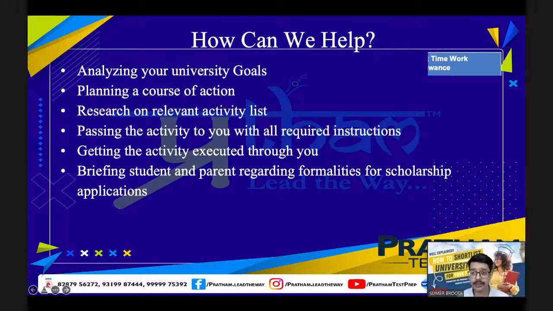We help you build an entire profile and motivate you to execute those activities. And we also brief students and parents regarding formalities for scholarship applications, right? So it's very important, when you're applying to different universities, that you look at certain scholarships provided you fit the criteria. So that is how it is.